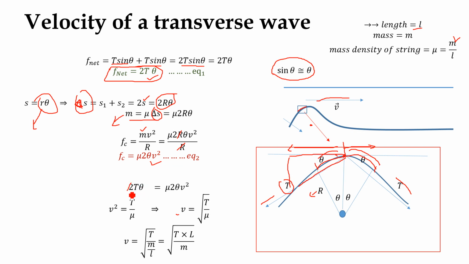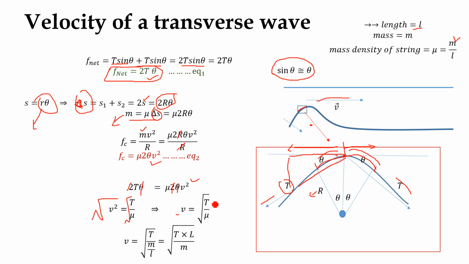Now the 2 will cancel out, and this theta will also cancel with this theta, and we will get T is equal to mu v square. Solving this equation for v square, we get v square is equal to T divided by mu, and taking the square root on both sides, we have velocity v is equal to the square root of T divided by mu.